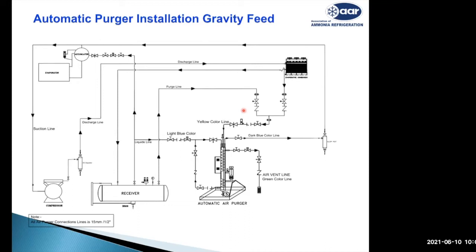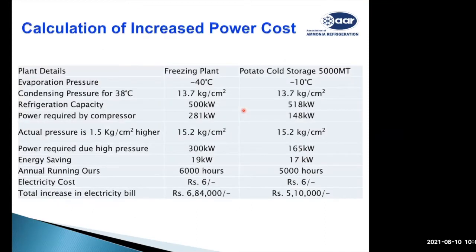So what happens actually is, these are increased power cost calculations, which are on-site readings being taken and monitored. Typically, it is made with a freezing plant at -40 and a potato cold storage, which is running typically at -5 or -10 degrees centigrade, for a 500 kilowatt refrigeration capacity.